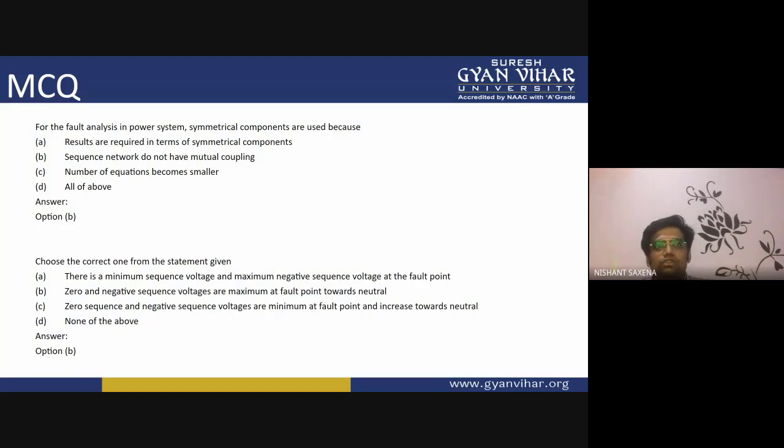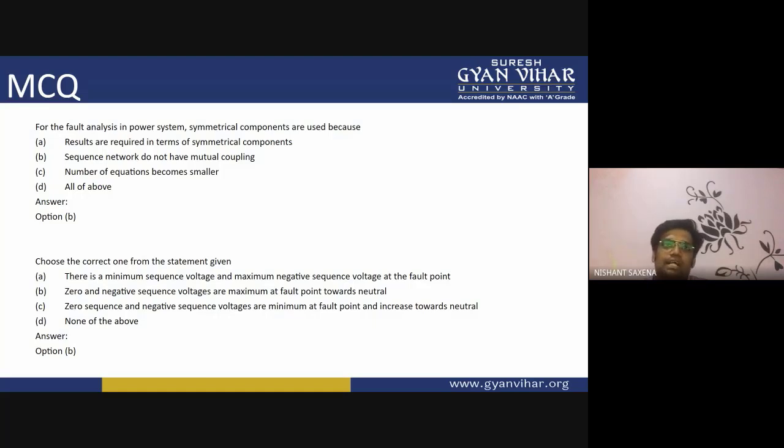And the last question: choose the correct one from the statements given. There is a minimum sequence voltage and maximum negative sequence voltages at the fault point. No, it is not right. Why? You cannot say that negative sequence voltages are always the maximum.